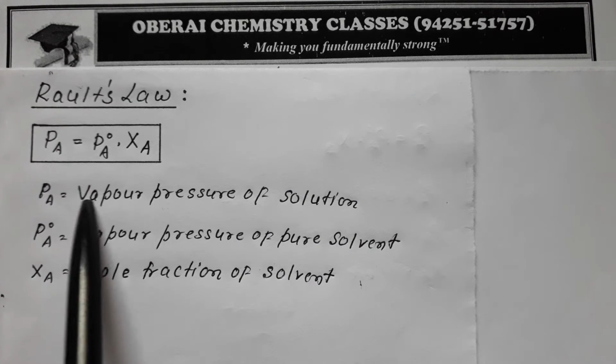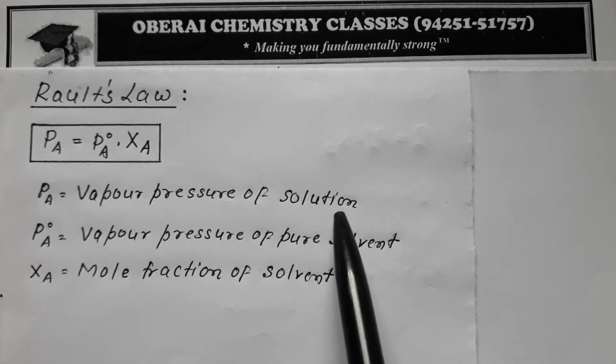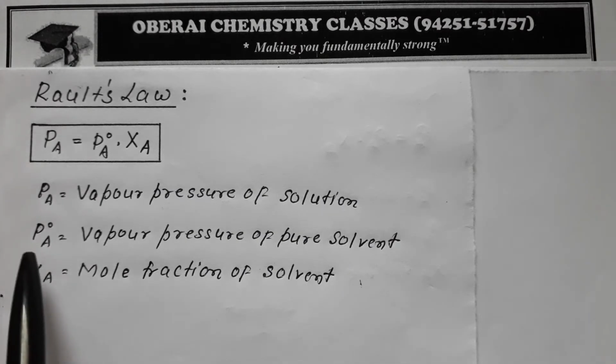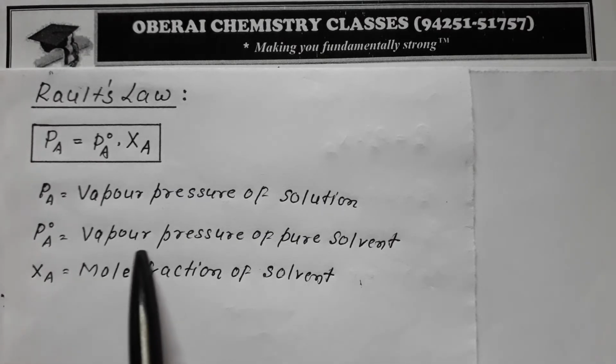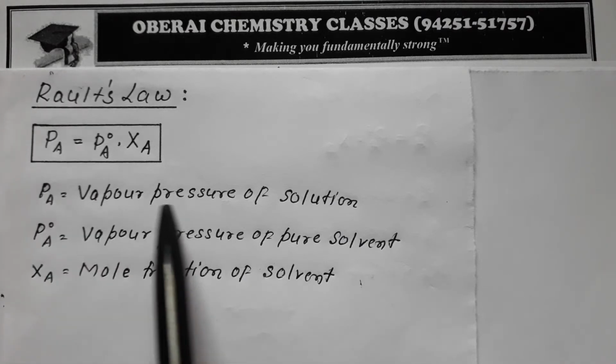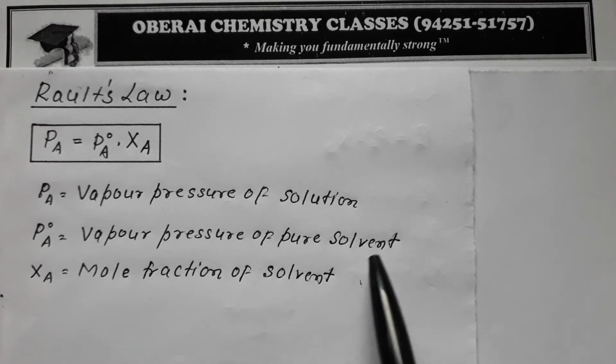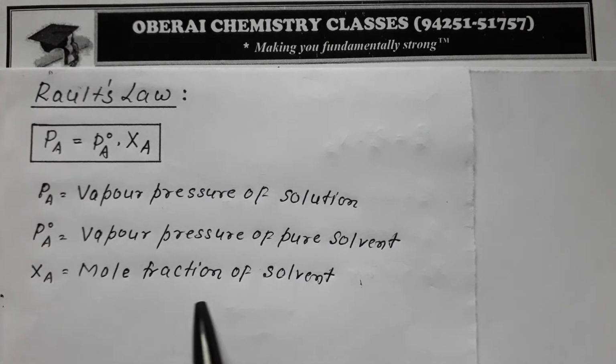What is PA? It is the vapor pressure of a solution which is prepared by adding a non-volatile solute in a volatile solvent. What is P0A? It is the vapor pressure of pure solvent, and XA is the mole fraction of solvent.